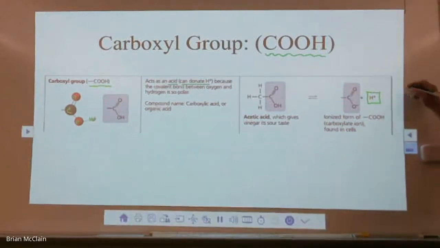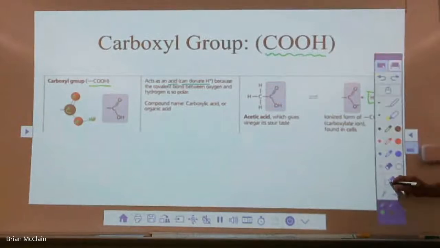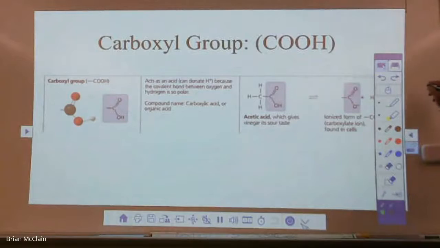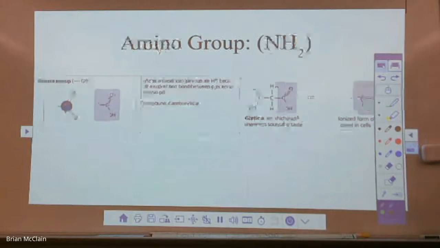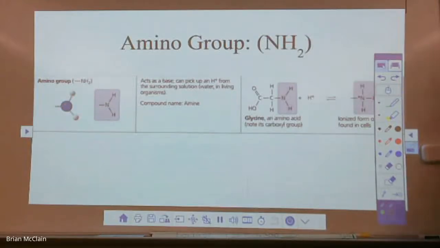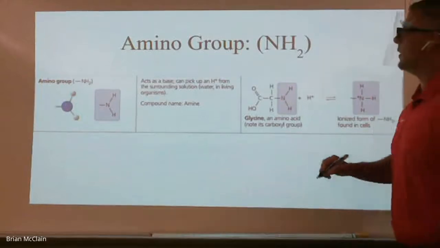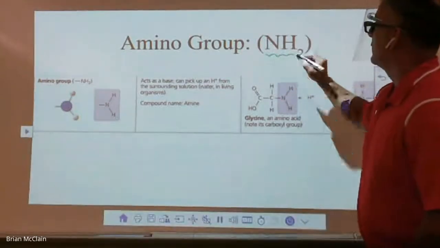Now, when we move to the next one, and like I said, all of these up to this point and all the way up to methyl are going to serve as examples of things that increase solubility. They're going to be hydrophilic. So our next one is called the amino group.